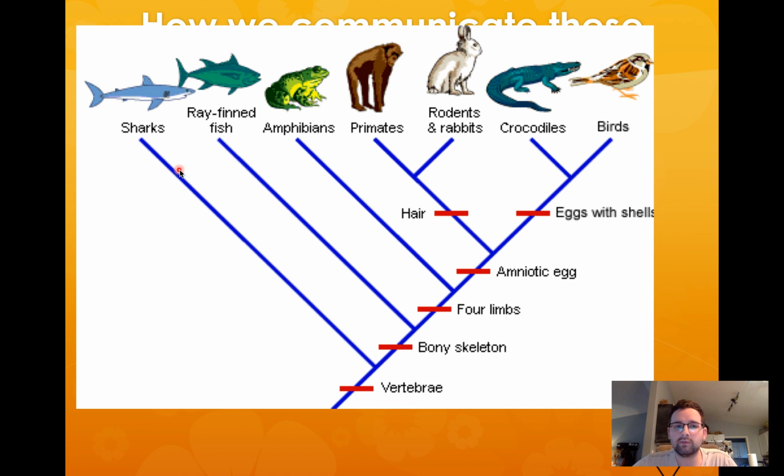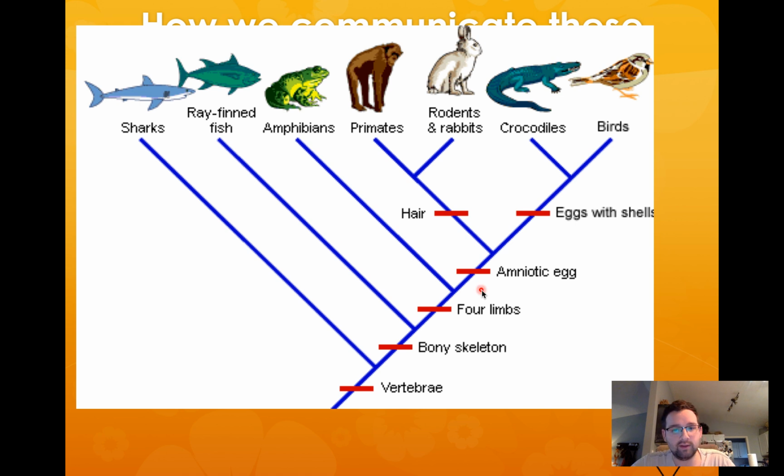We've talked about how sharks don't have bones technically, they're made of cartilage. So sharks are missing that. Notice if you were to follow this down a highway and you took an exit off of sharks, they do not have a bony skeleton. Then you continue on, having four limbs. Everything in this group here has four limbs, whereas fish and sharks do not.